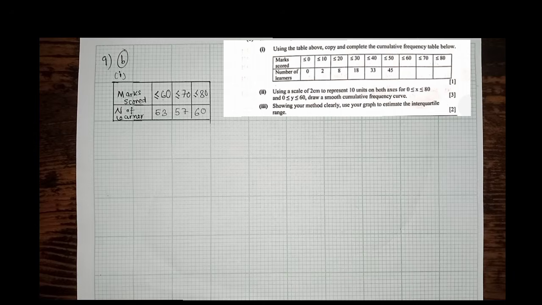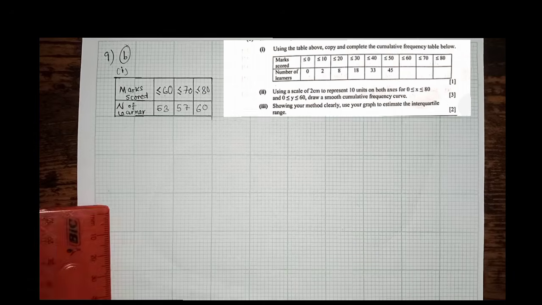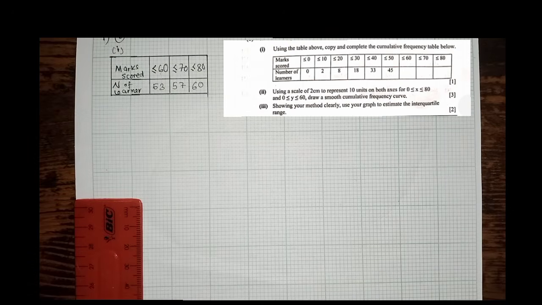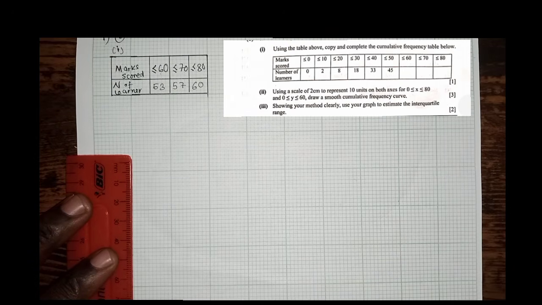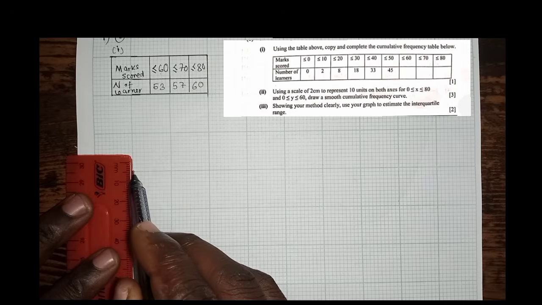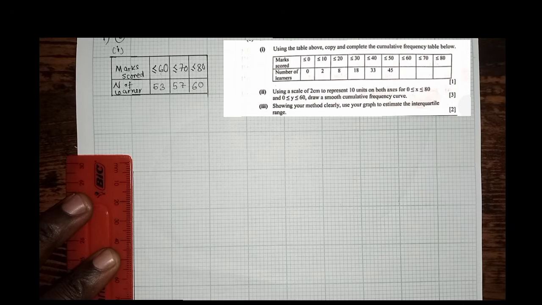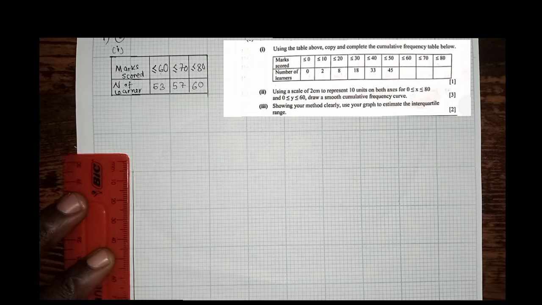So we need to get our ruler. They have given us the range already, so we draw something like this. And mind you, when answering these questions, we need to use a pencil.